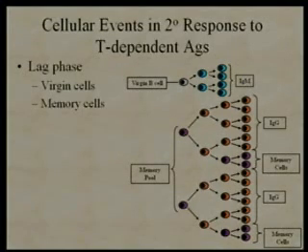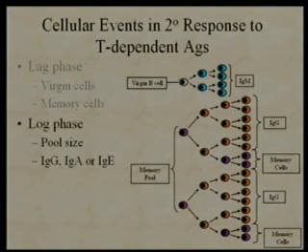They're coming from that memory cell pool that's there after the primary exposure. So the bulk of the response is coming from these cells, and if the bulk of the response then is in an IgG or an IgA or an IgE response. So because of this increased pool size, we get a lot more of this antibody produced as well.